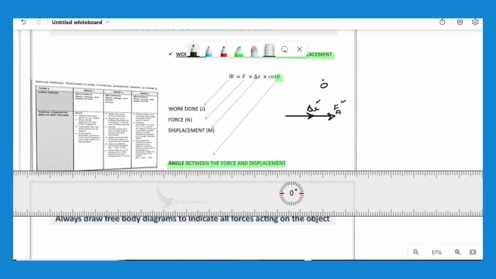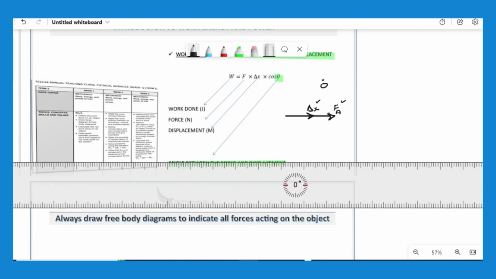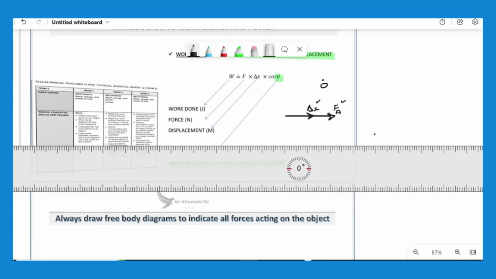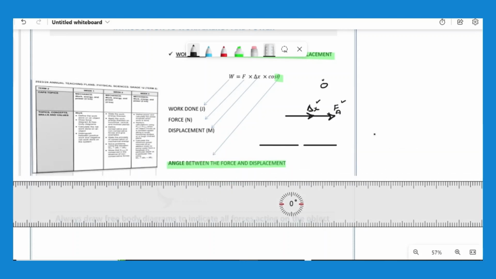because they are pointing in the same direction. But if we've got a situation whereby the displacement of the object is going this side and the force acting on the object is going the other side, it can be the frictional force that always opposes the motion of the object.